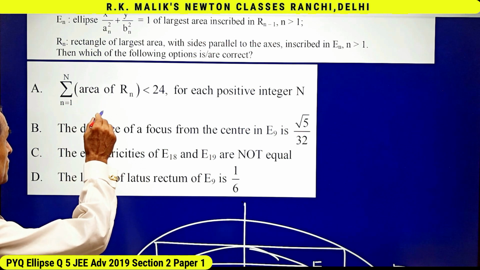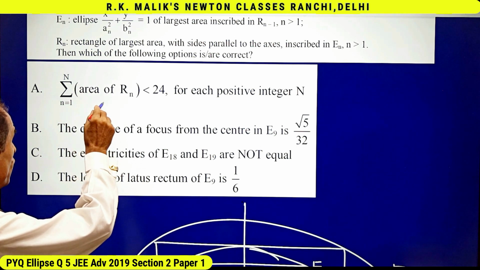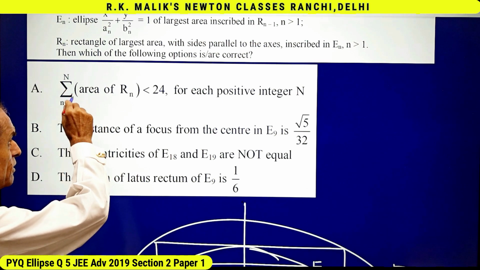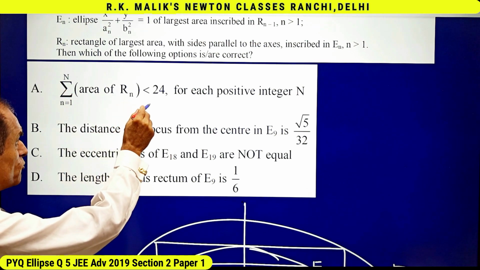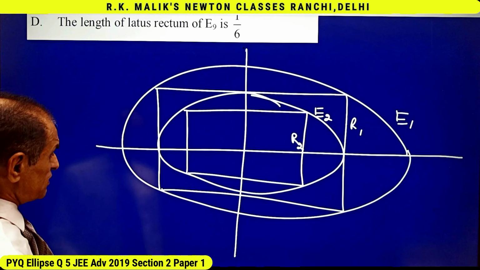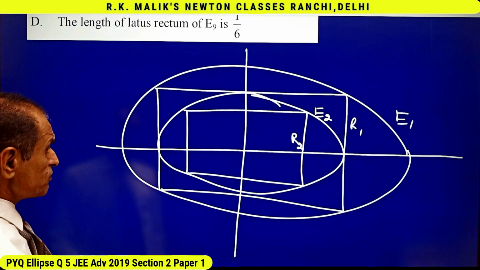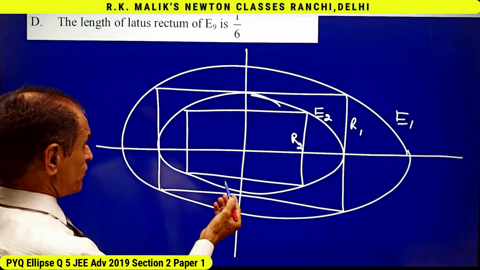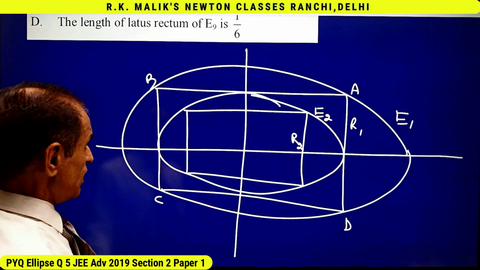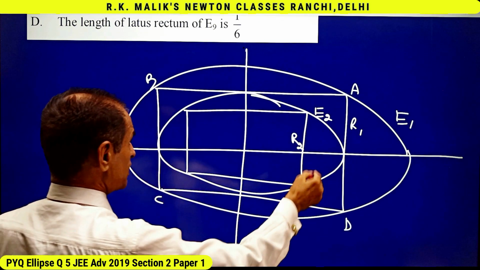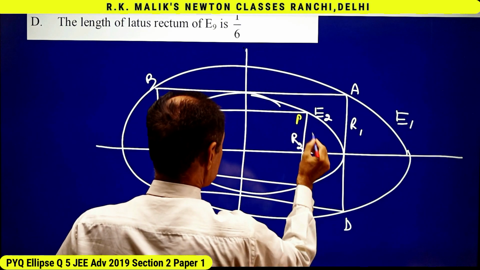According to the first choice, the sum of the areas of all the rectangles from 1 to n is less than 24 for each positive integer n. It is clear that the sum of the areas will go on increasing as the number of rectangles increases. Area of R1 means area of rectangle ABCD.